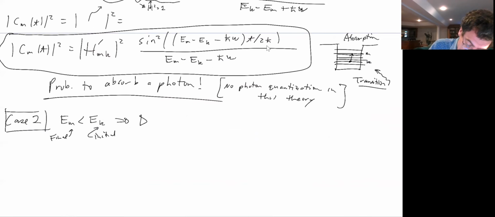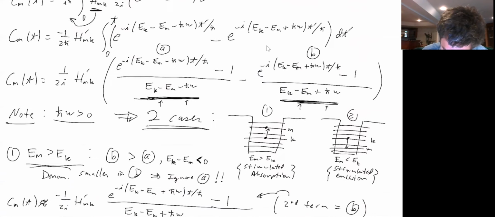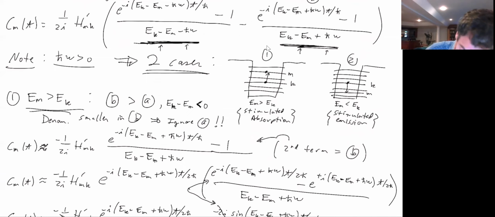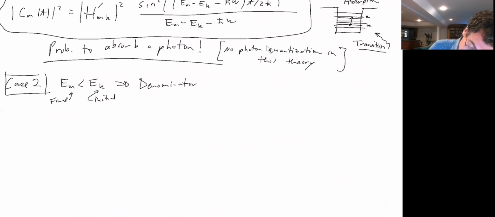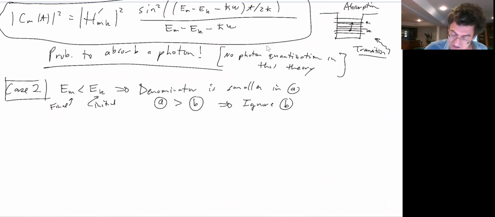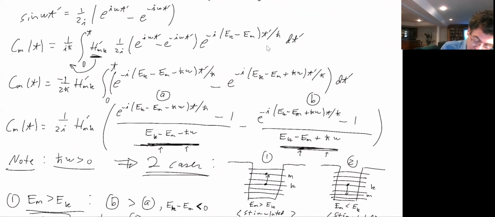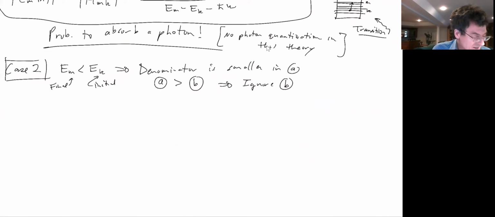So now the denominator is smaller in A. And so the contribution of A is bigger than the contribution of B. And so in this case, we can ignore the second term B. So remember that my amplitude was these two parts, A plus B. Now we're ignoring the second one, B. And so that means that we have Cm of t for this case, which is the stimulated emission.